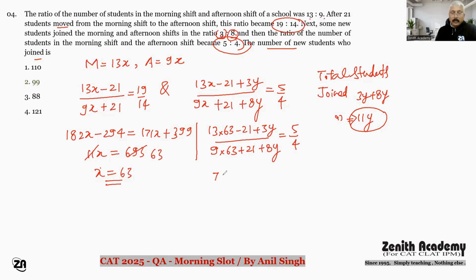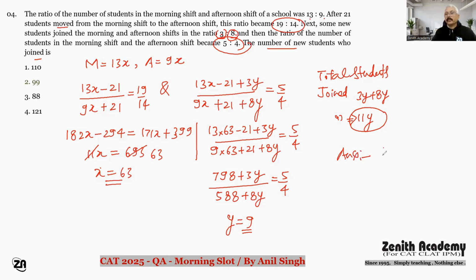So it is 798 plus 3y, upon 588 plus 8y, is equal to 5 by 4. Simplify this and this way you will get the value. y is equal to 9. It means our final answer is the number of students who joined, 11 into y, and y is 9. Answer is 99. This is our answer.